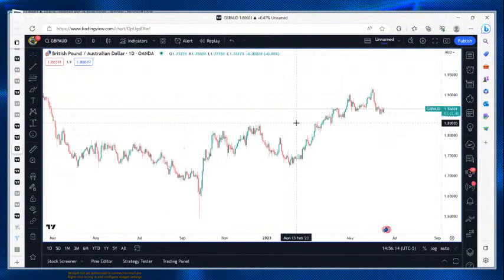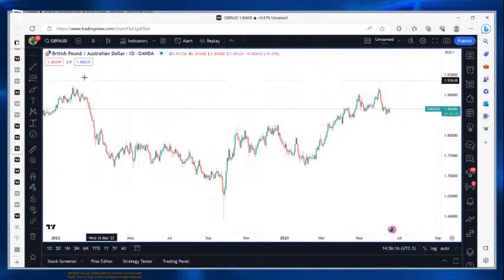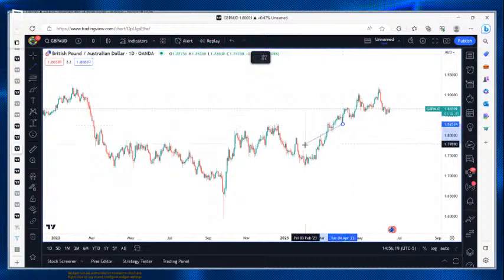Okay, so why did the market make a low here? And then we'll just bring our trend lines up and we go back and we try to see exactly what the market wants to tell us.